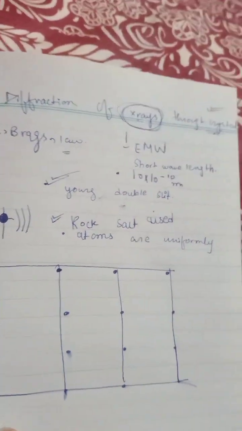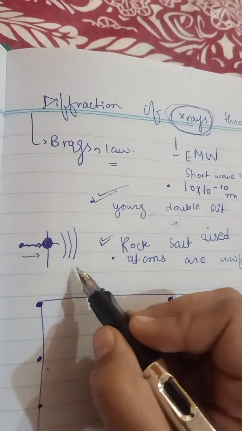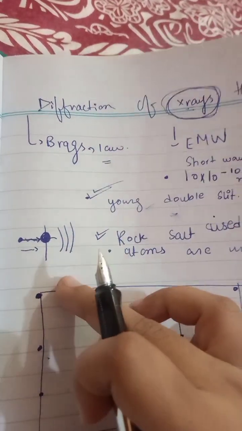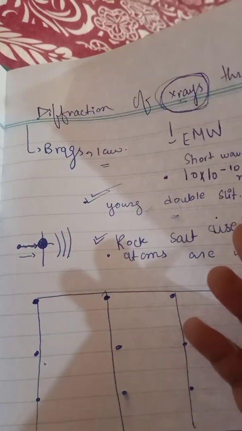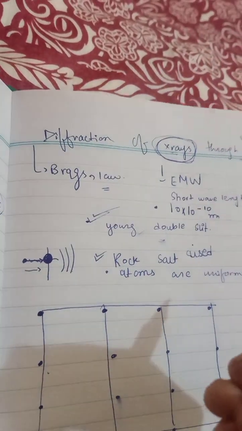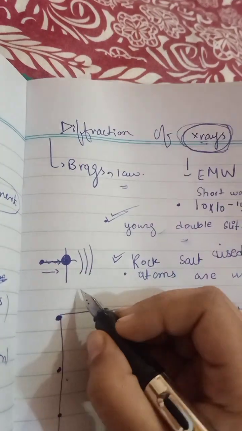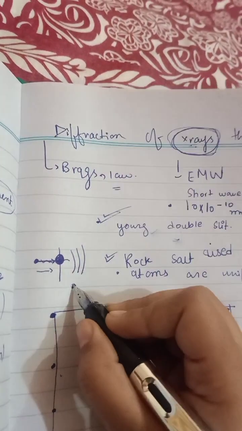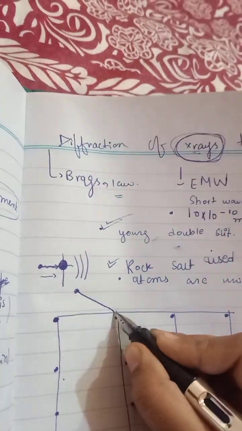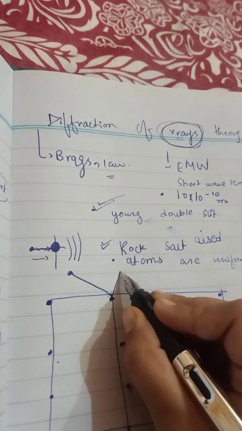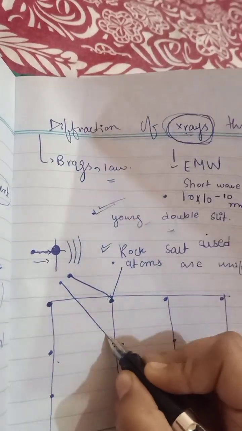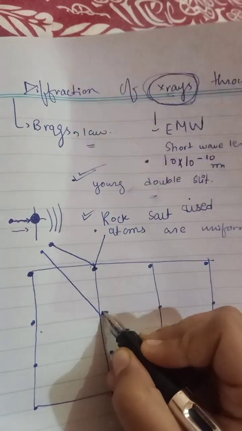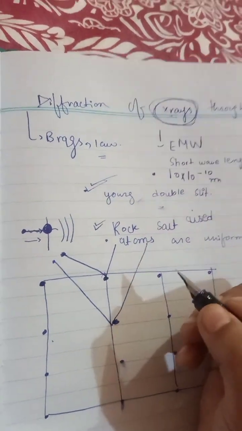You can see that the spacings are basically the same. That's why we are going to do the diffraction of X-rays through the crystal. For example, a ray comes from here, strikes this atom and gets reflected. One more ray comes from here, strikes here and goes back.